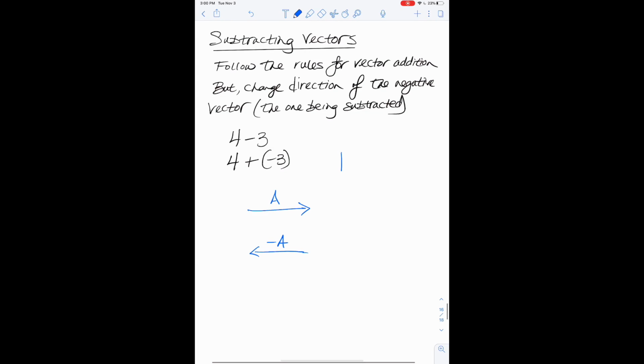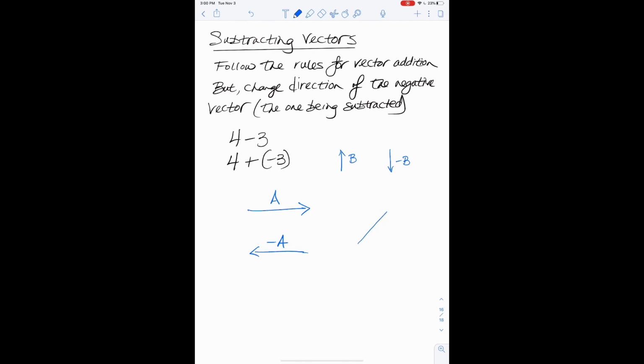If this is B, then this would be negative B. So all I have to do is flip the sign on whatever vector is negative, and flip the direction of the arrow to make it the negative vector.